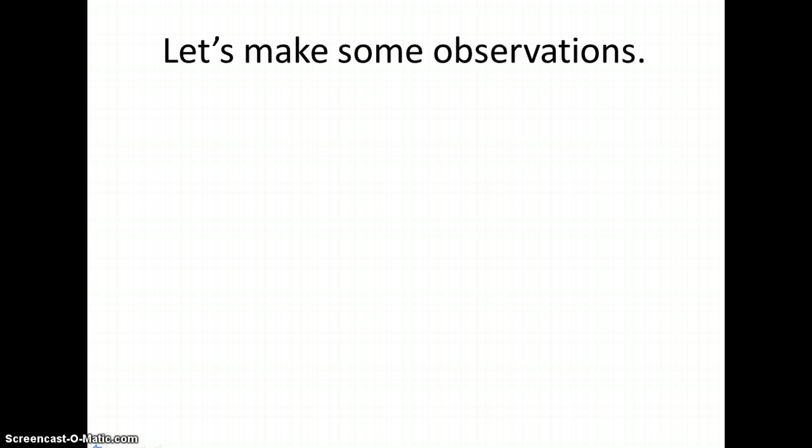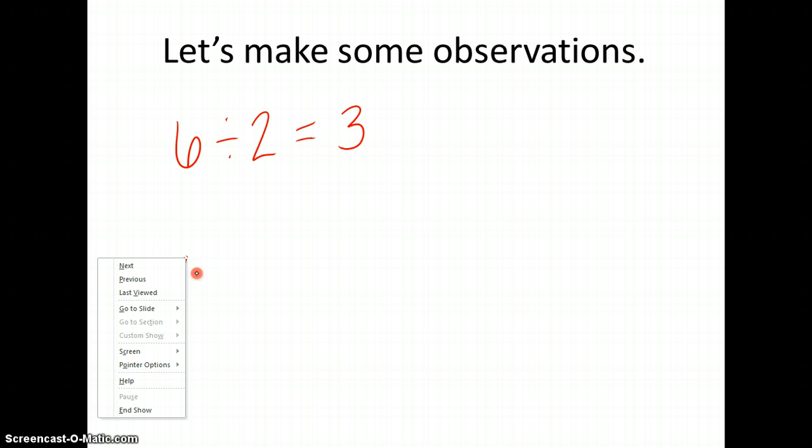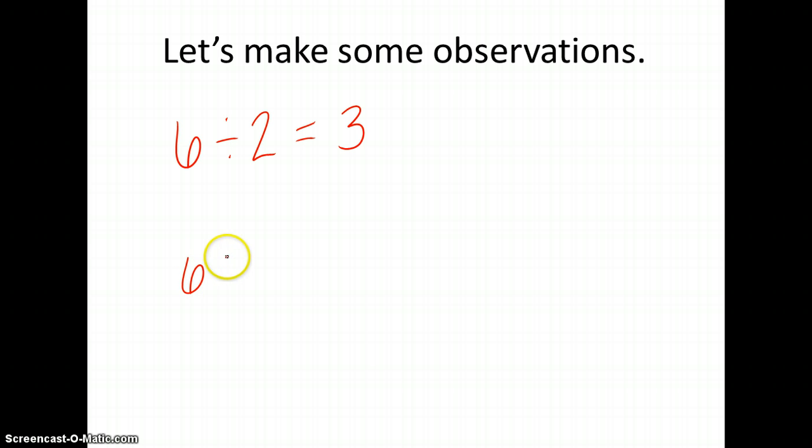Let's make some observations. If I wanted to take the number 6, for example, and divide 6 by 2, I get 3. Let's look at a multiplication problem involving 6 that will give me a product of 3.